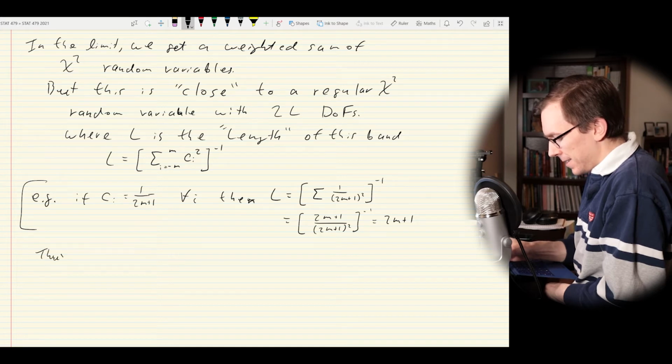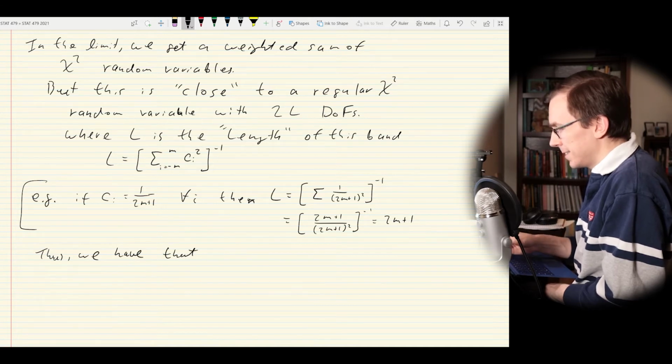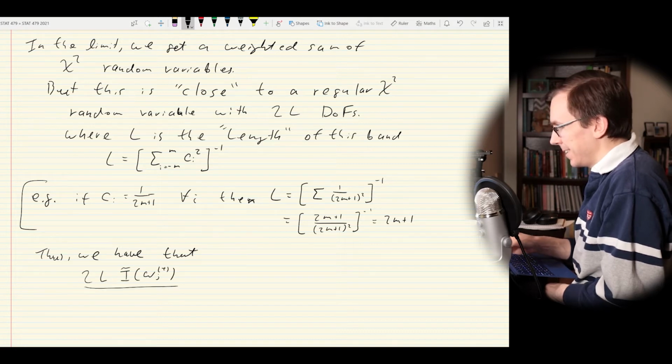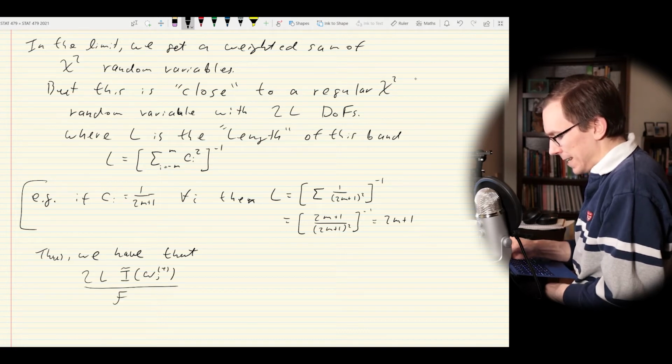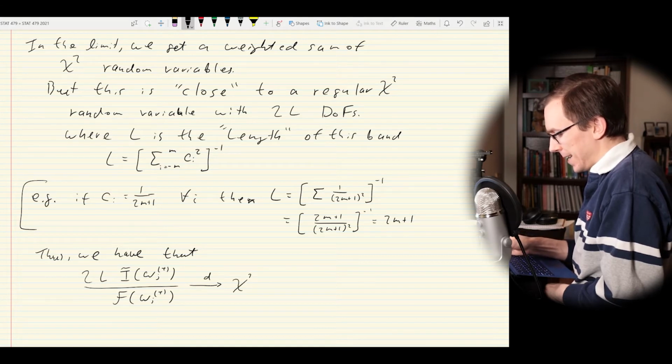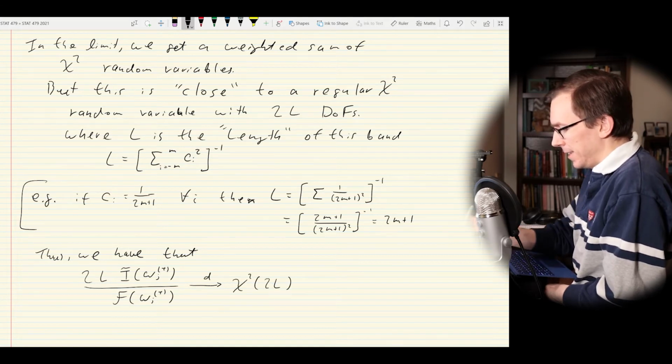Thus, we have that 2 times L, the length, times I tilde at some omega j with the t in there, divided by the spectral density at that omega j with the t in there, is going to converge in distribution to a chi-squared 2L.